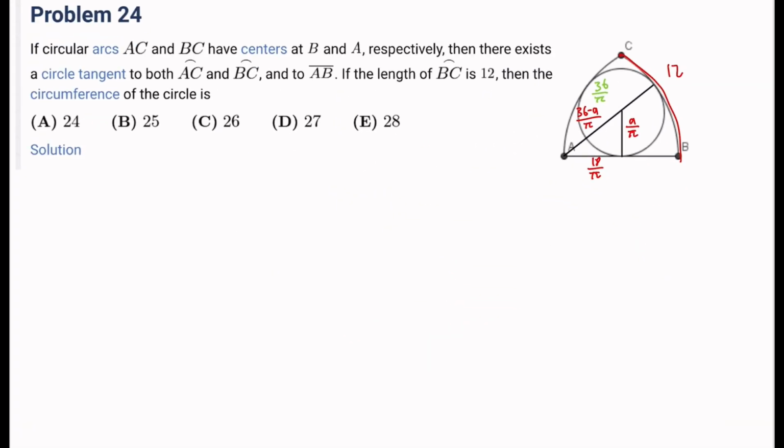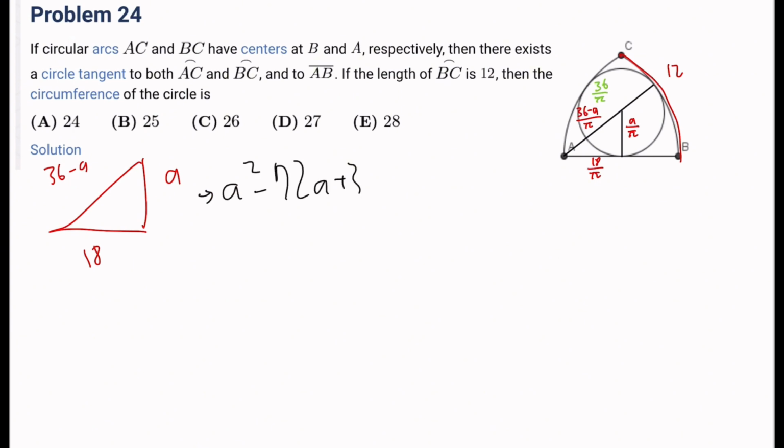So we have a right triangle with lengths a over pi, 36 minus a over pi, and 18 over pi, right? The ratio is the same, so we can just take out the over pi's. Now we can use the Pythagorean theorem. So we get (36 minus a) squared, which is a squared minus 72a plus 36 squared, equals a squared plus 18 squared.